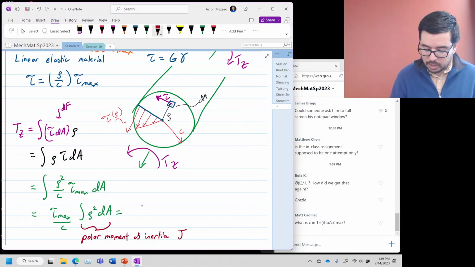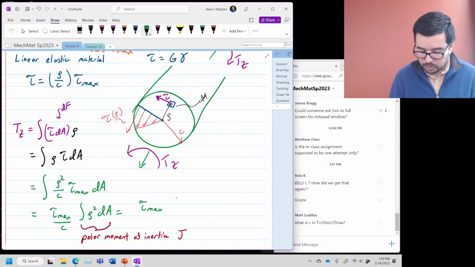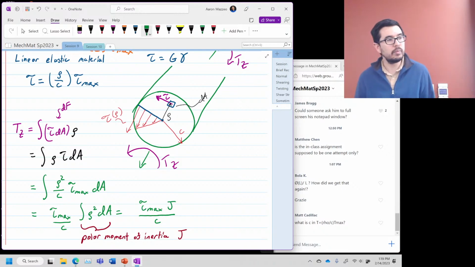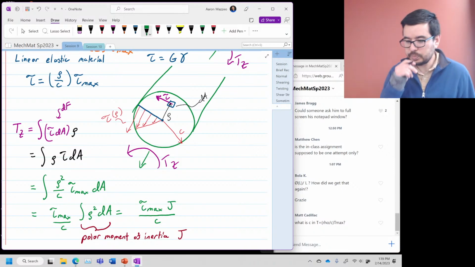So then, in the end, what we write on this side is tau max J over C.